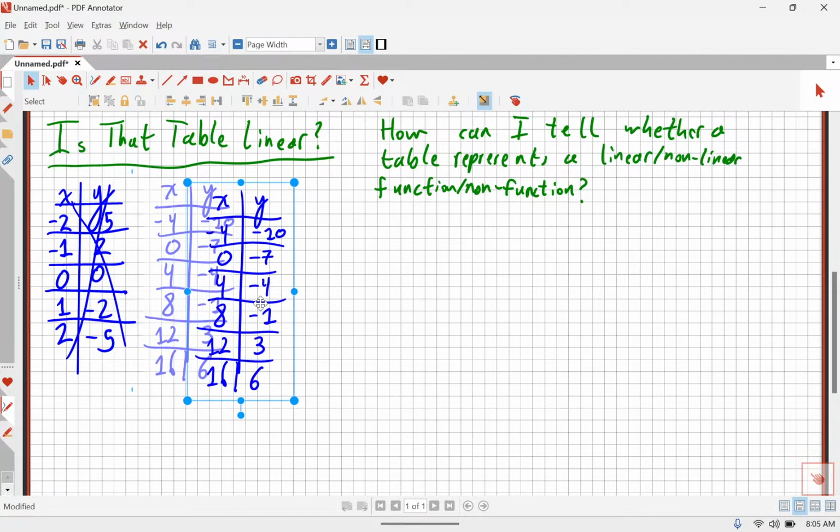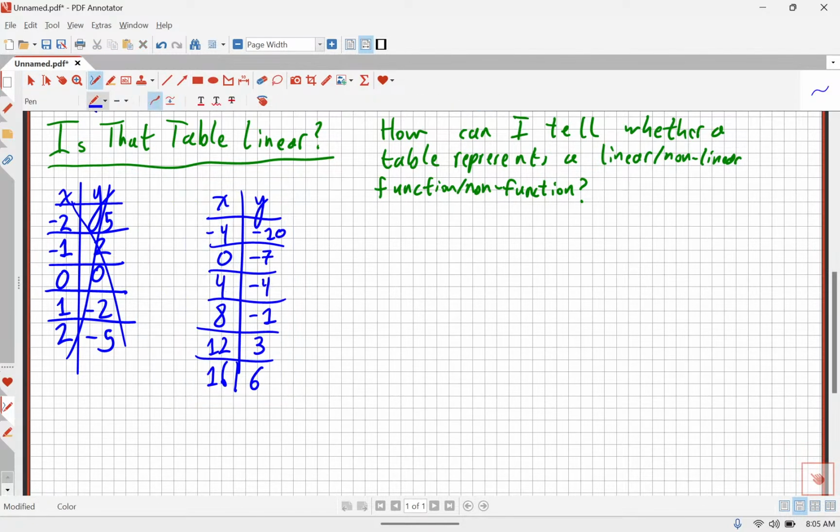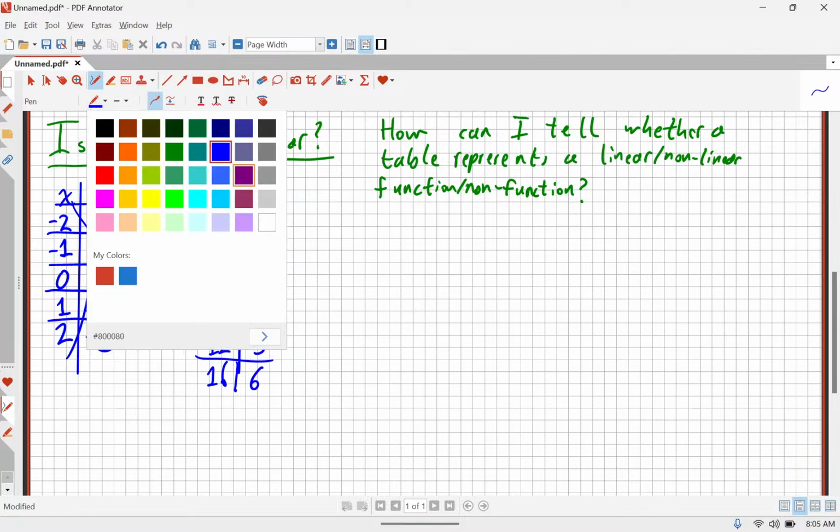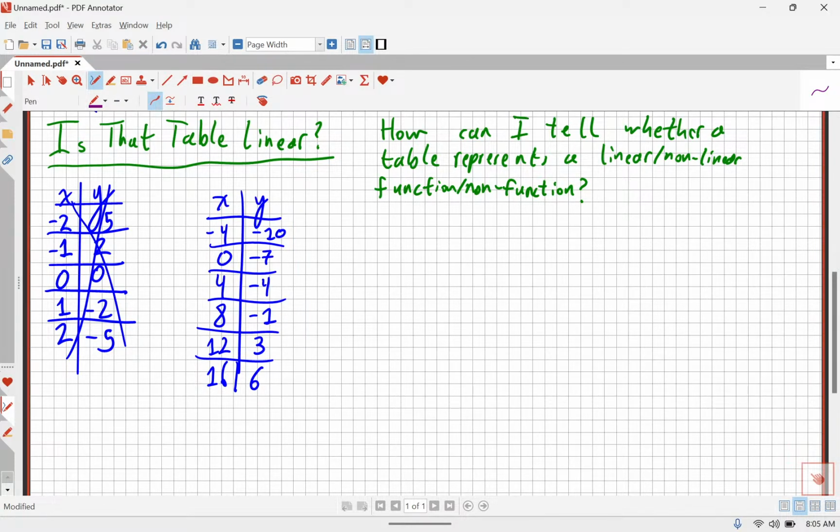All right. Justin, is this a linear function, a nonlinear function, a linear non-function, or a nonlinear non-function? I didn't really finish, but I think it's a nonlinear function. Okay, so let's check to make sure it's a function. If it's a function, then we shouldn't have any repeated inputs with different outputs. And as you can see, we don't have any repeated inputs at all, so we know we're okay.